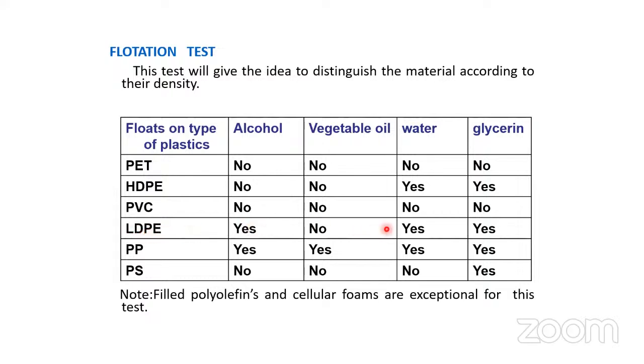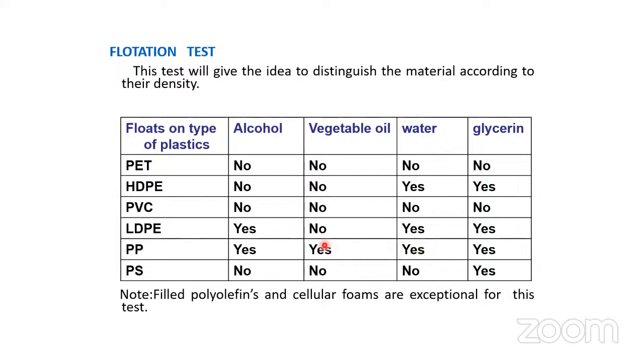It will float on water because its density is less than water, nearly 0.94. Then polypropylene has density more than LDPE but less than water, which is why it also floats on your water.